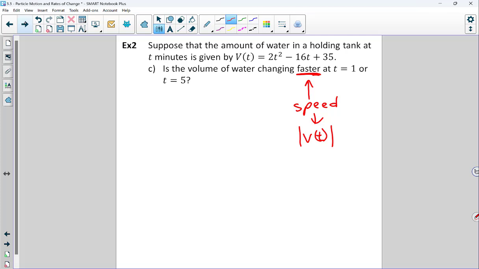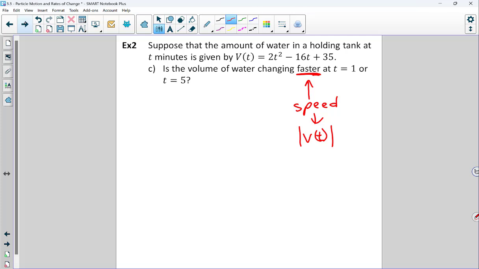Versus if I say which one is going slower, well, slower ignores the positives and negatives. -4 becomes +4, 1 is still 1, so +1 is a slower speed than -4, whereas -4 is a lower velocity. So when I see that word faster or slower, we need to pay attention to the magnitude of the value, not the sign of the value.